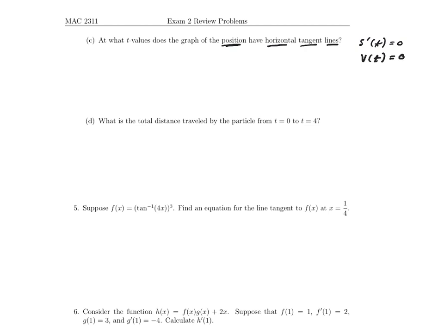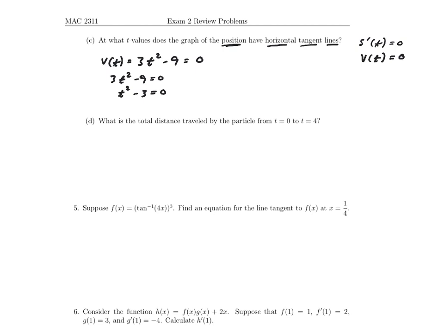So remember, the velocity function, v of t, we've already done that in the previous problem, is going to be 3t squared minus 9. And I'm going to set this equal to 0 to solve. Okay, so if I take 3t squared minus 9 equal to 0, I can divide everything through by 3, and I get t squared minus 3 is equal to 0.